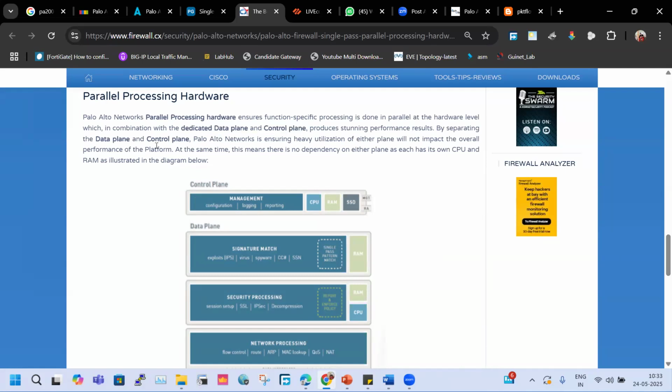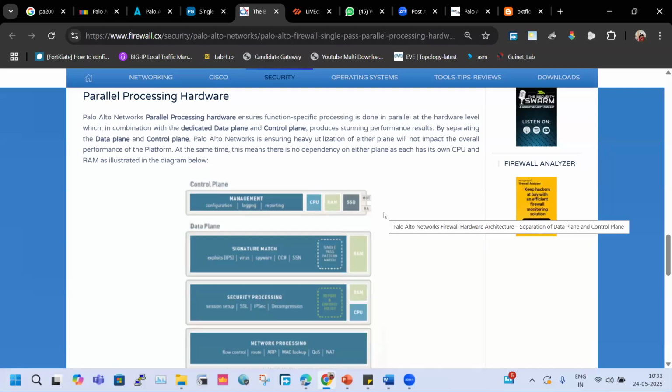The control plane carries the management traffic, or traffic to the device. The data plane carries your actual data traffic from user to destination. All the sessions it handles are carried by your data plane.